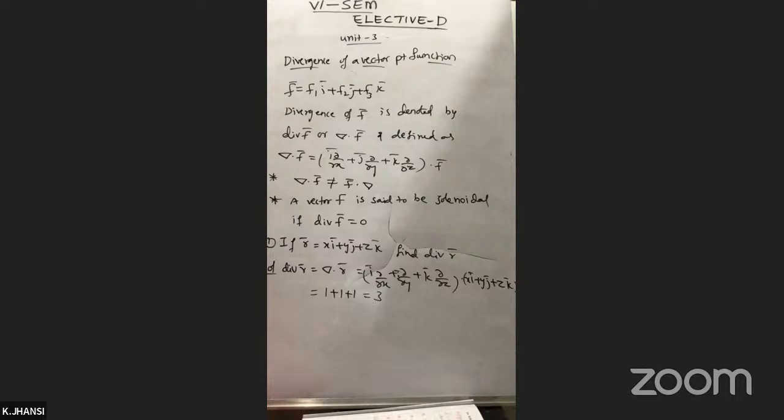So next one is, show that the given vector f is solenoidal. That means you have to get the divergence value as 0. Then we call the vector function f a solenoidal. Okay.